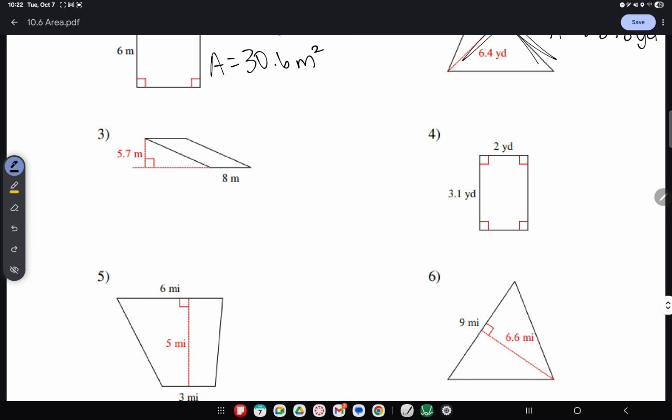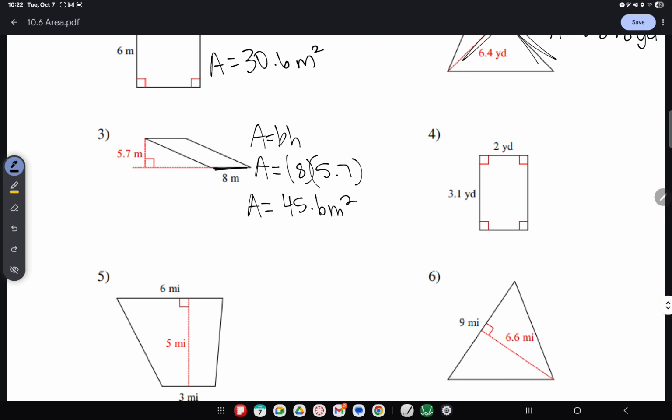We have a parallelogram here on this third one. So we have a base of 8 and a height of 5.7. So I can do 8 times 5.7, and I get 45.6 meters squared.